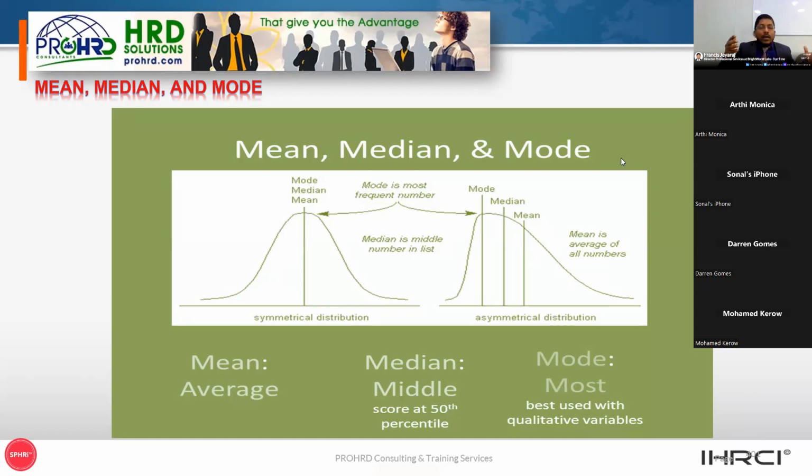Then you take the numbers, randomly, 12 people, 8 people, 10 people, and put all the numbers in ascending order. Then you figure out the quartiles: the lower quartile, the median quartile, and then the upper quartile.